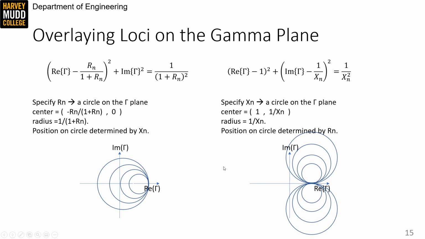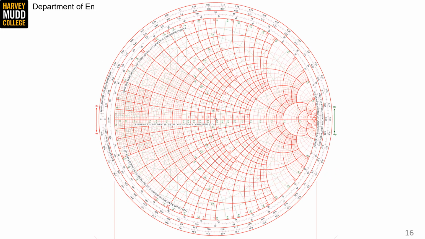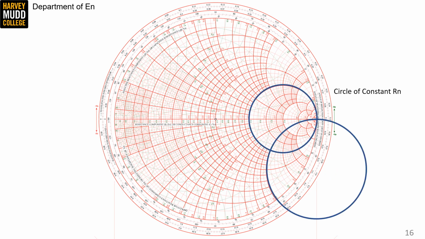These sets of circles make up our resistance and reactance grid on the gamma plane. If we overlay them, we'll get a Smith chart. We can see that here. This circle is an example of constant resistance, and this circle is an example of constant reactance.